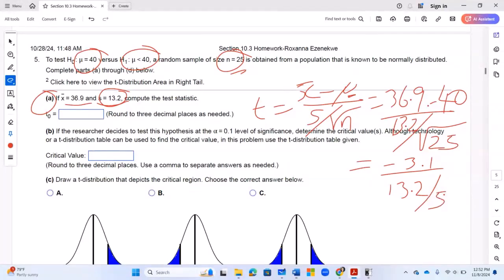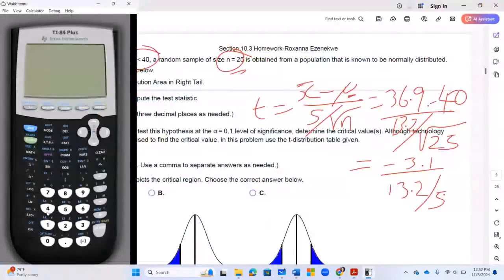So I can get my calculator and put this quantity in. The numerator has negative 3.1 divided, and I'm going to use parentheses, by 13.2.